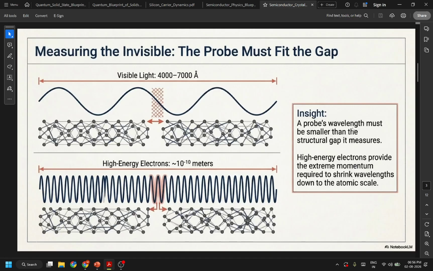High energy electrons provide the extreme momentum required to shrink wavelengths down to the atomic scale, and therefore electrons are used to look at individual atoms.